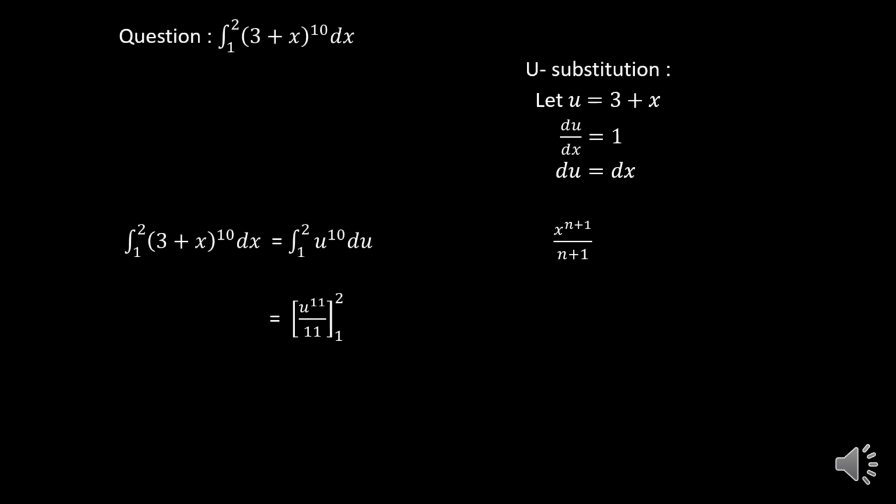Okay, so here we need to evaluate the value. First we must substitute u back in terms of x. The u from before is 3 plus x, so we just substitute it into our new expression, which becomes (3 plus x) to the power of 11 over 11, from 1 to 2.